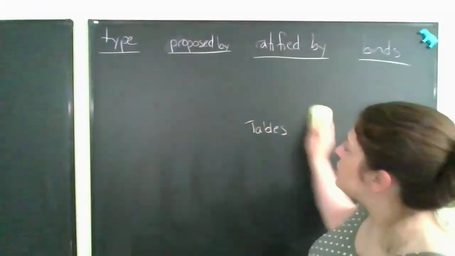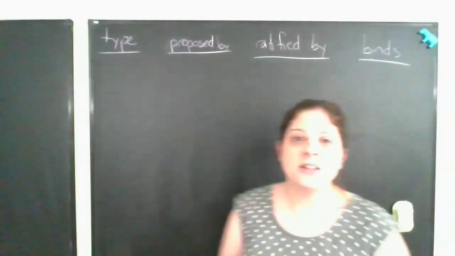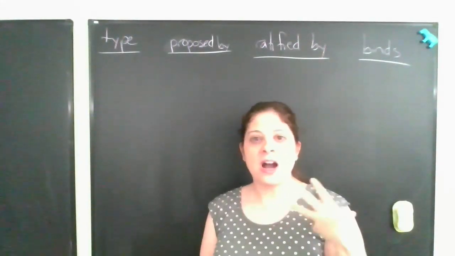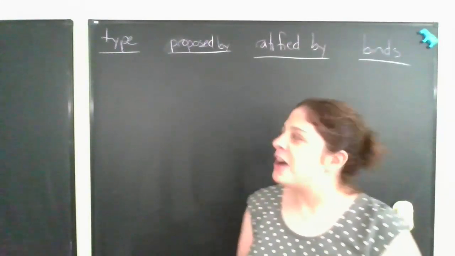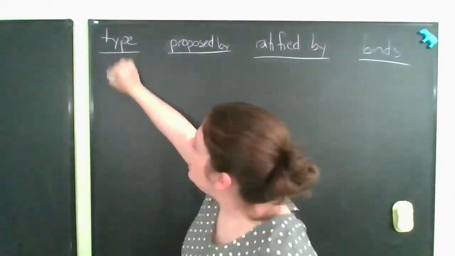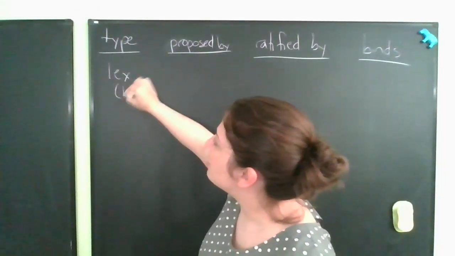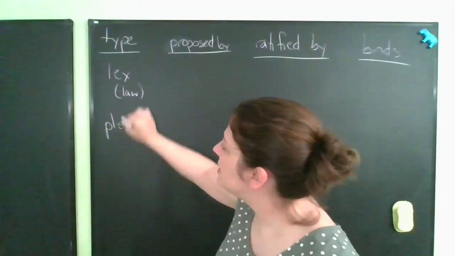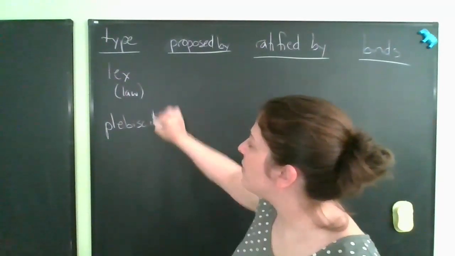So I want to turn next to the way that laws are made. I want to make a distinction between three kinds of law or policy that the Roman government is capable of producing. One is the lex. That's just Latin for law. That's the standard kind of law. One is the plebiscite. We talked about that a bit.